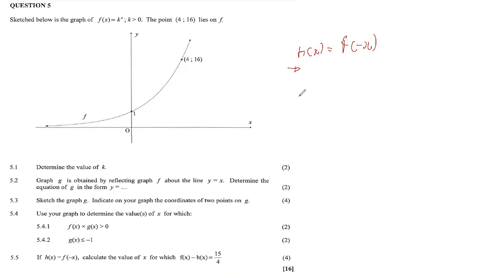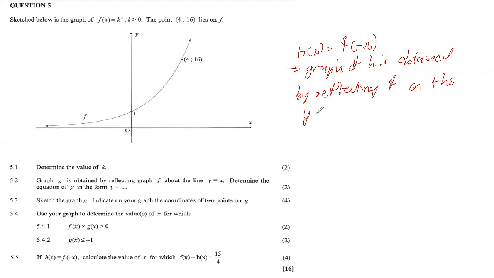You need to demystify the mathematical language. h of x is equal to f of negative x means that the graph of h is obtained by reflecting f on the y-axis, right? So whenever you see a negative x here, just know that the graph h is being obtained by reflecting f on the y-axis.